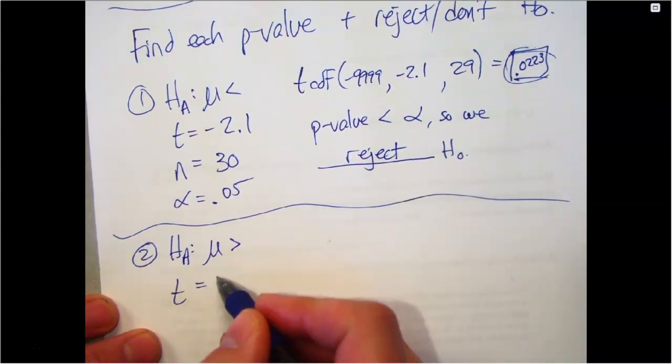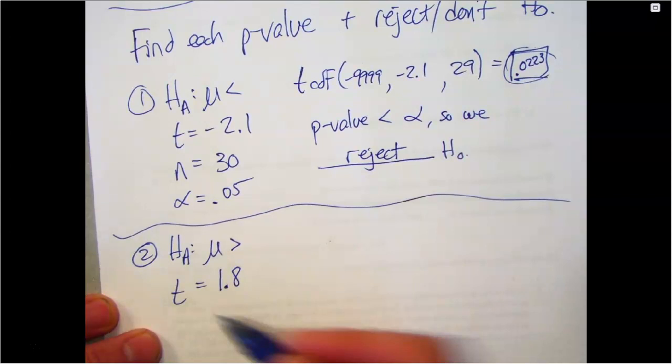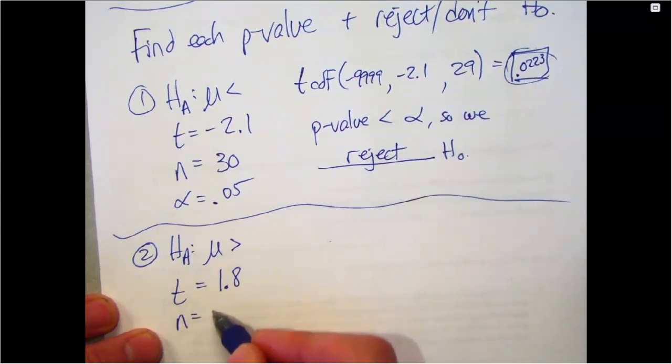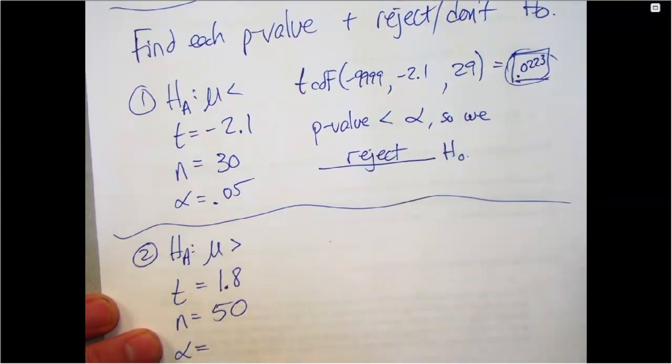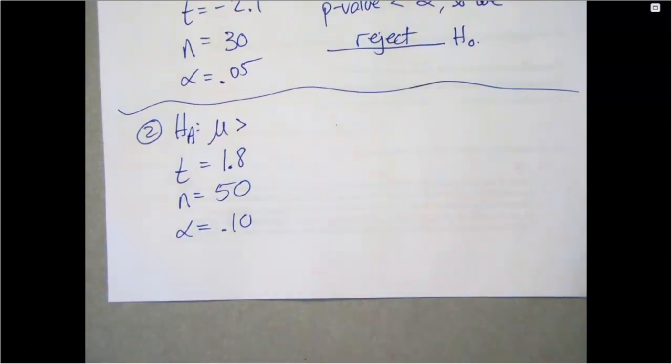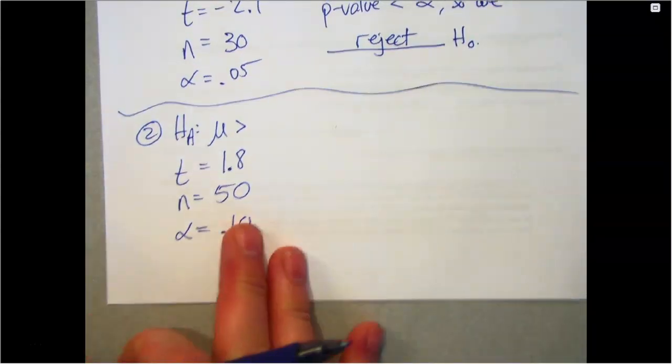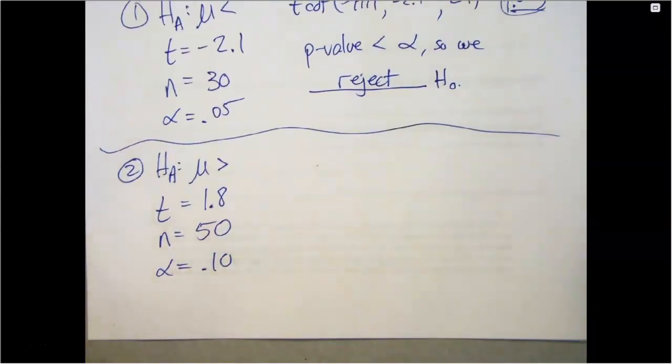T is 1.8. N equals 50. And alpha equals 0.1. So find the p-value and tell me whether we should reject or not.